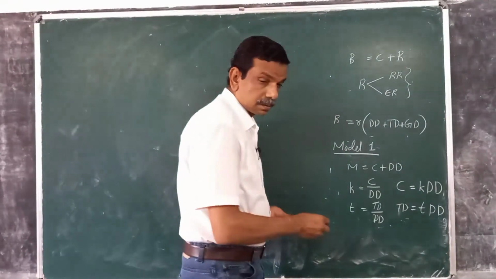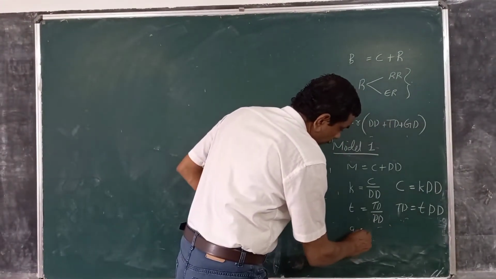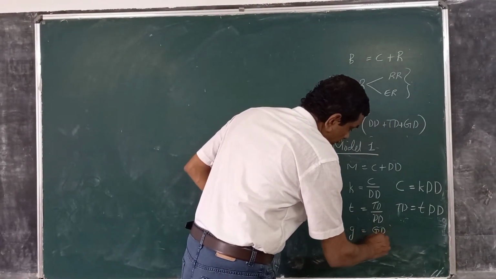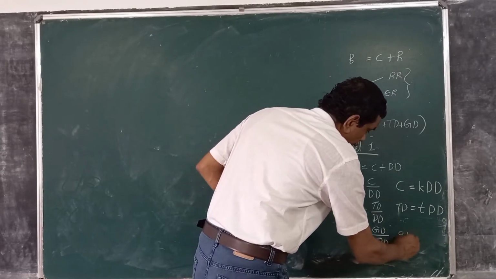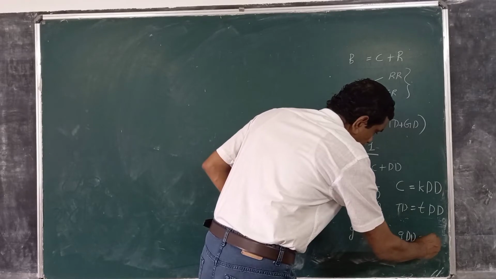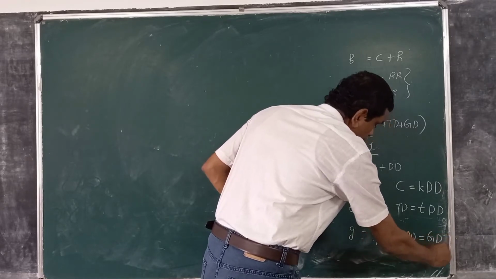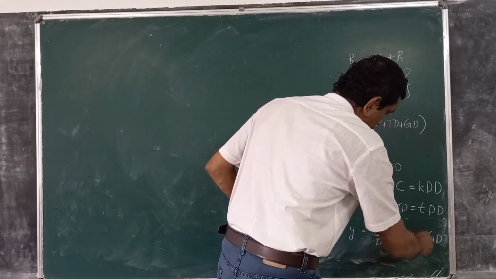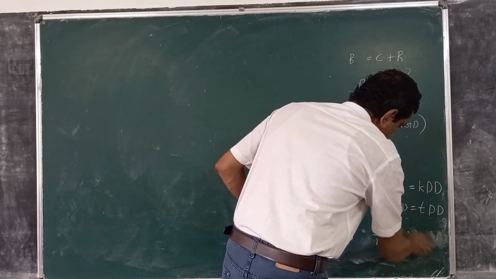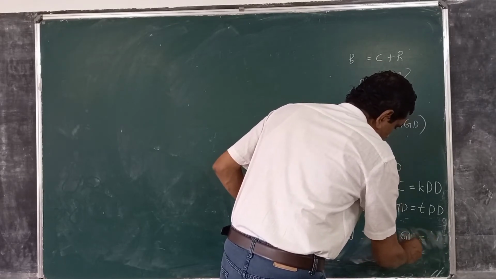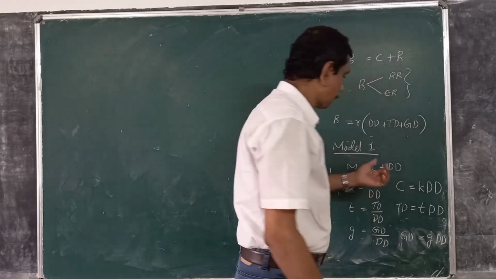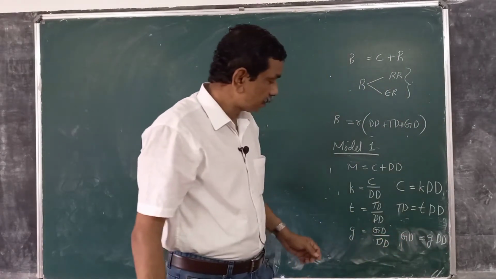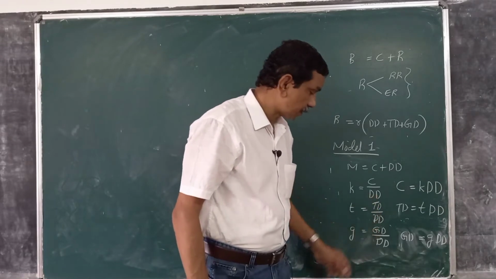We write it as G is equal to GD by DD, or G into DD is equal to GD. Remember this, all these are expressed as fractions of demand deposits.